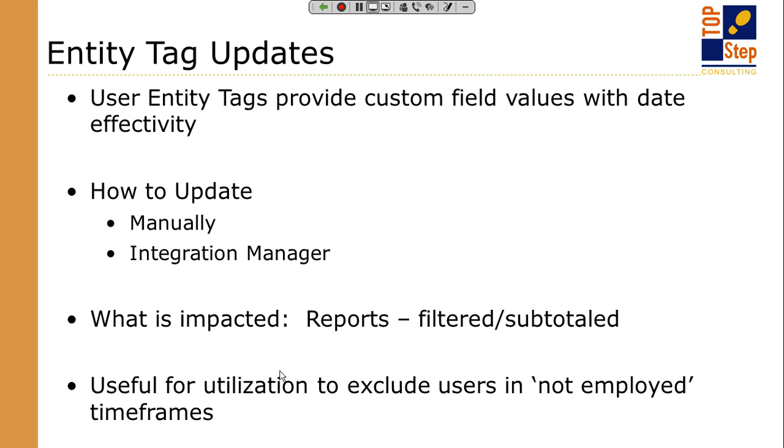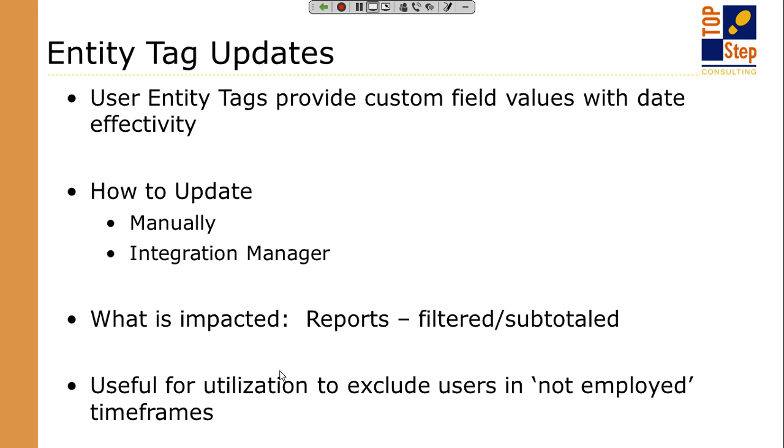The thing is, when you turn on entity tags, it adds another aspect to the user record. Ideally, you would set default values of what the current value is of the field, and then you would have a historical table that would have date ranges to identify when the person had a different value at a different time.